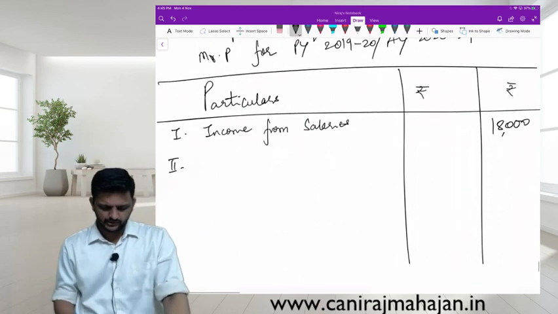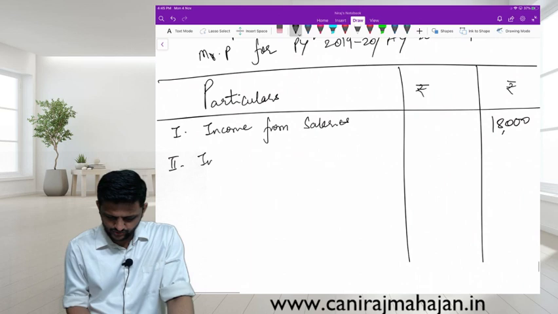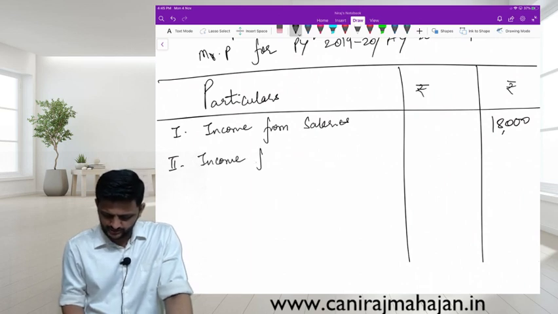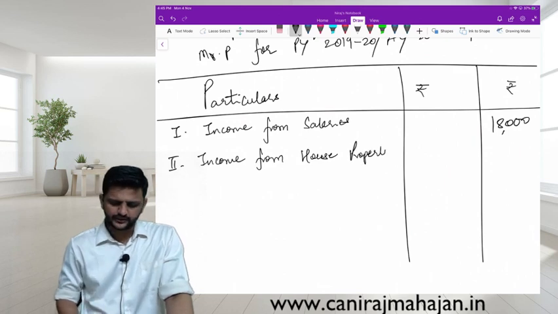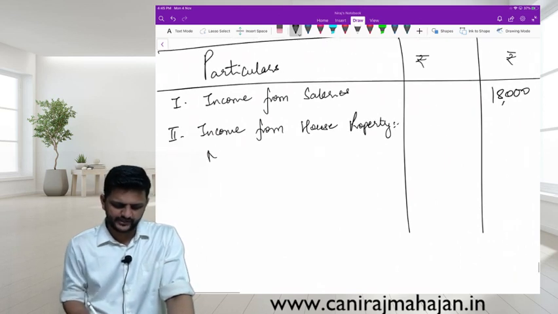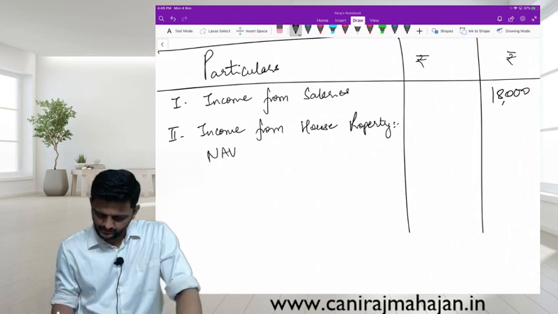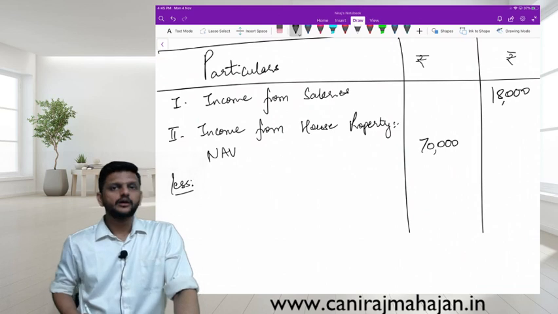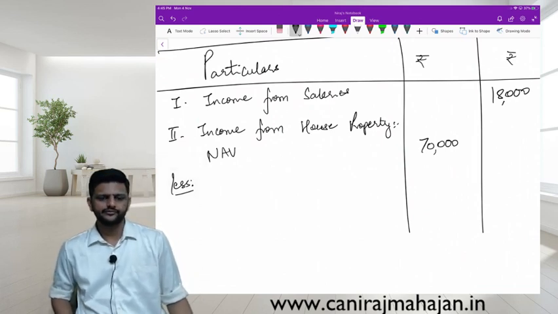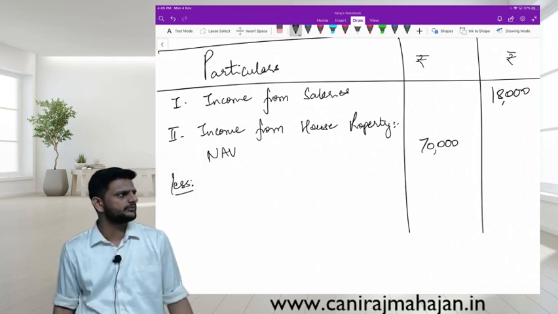Then income from house property. Under that, we say NAV, inner column: 70,000. Do we have interest on borrowed capital?